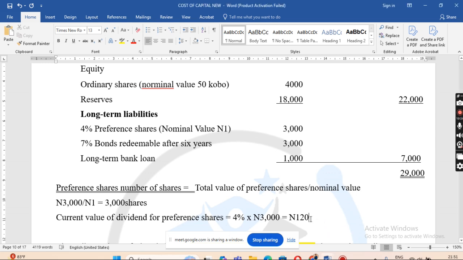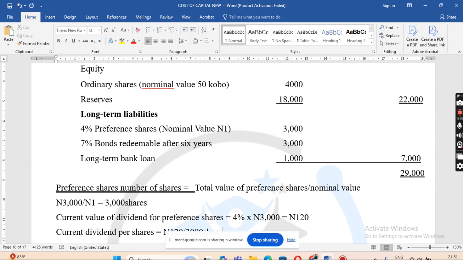So, therefore, current dividend per share is equal to 120 divided by 3,000. 120 divided by 3,000 shares.